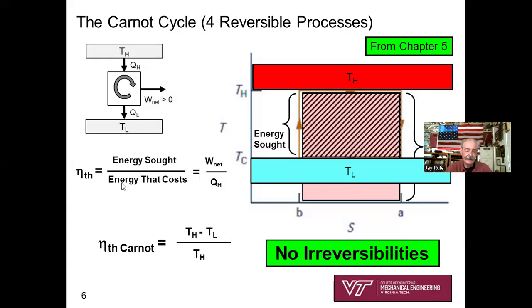And it's going to be TH minus TL divided by TH. So there's your formula, but there's your visibility of what that formula looks like for the Carnot cycle. Remember, no irreversibilities in the Carnot cycle, no irreversibilities to be found.